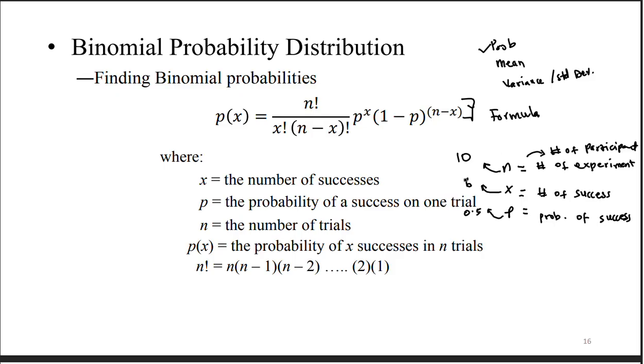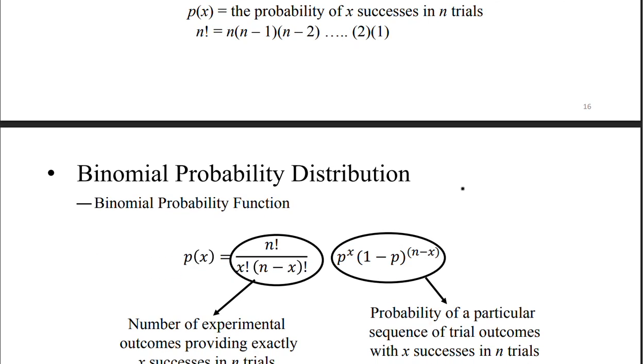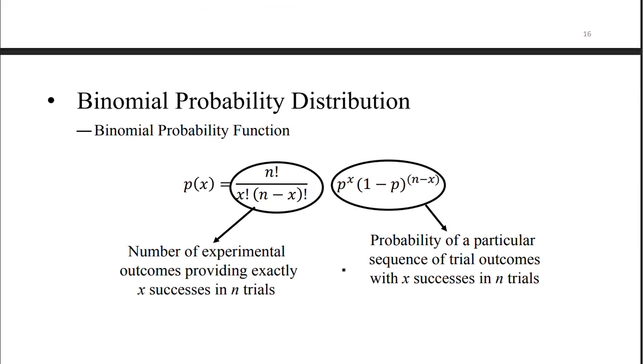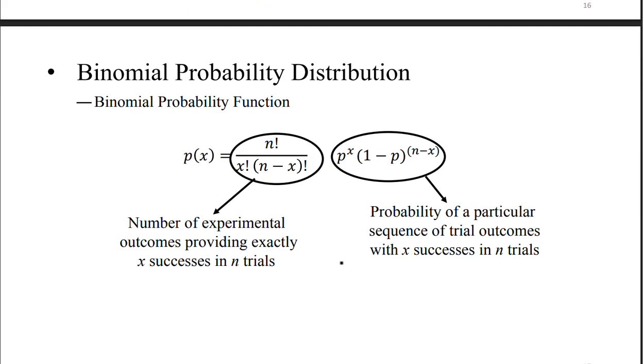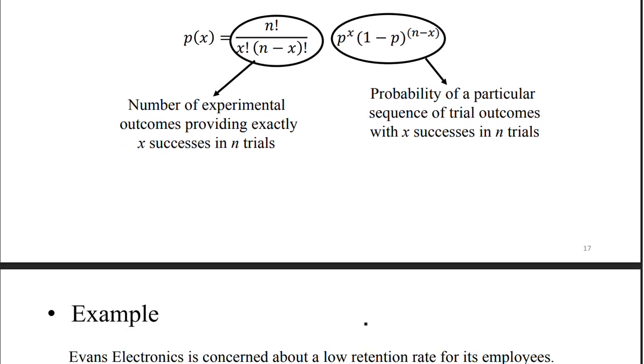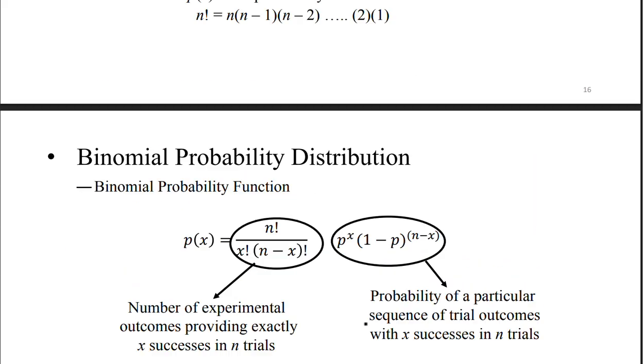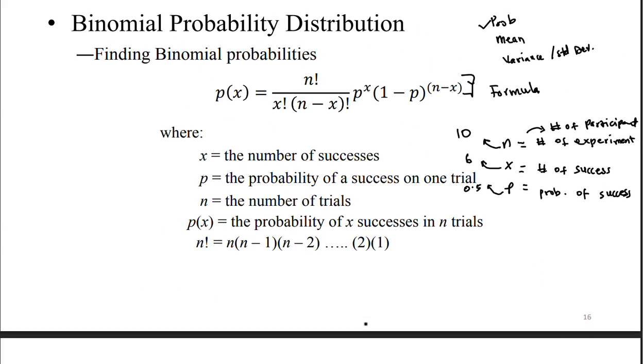Knowing this, we can go ahead and calculate using the formula. Again, note that the formula can be divided into two main parts. One part here is the number of experimental outcomes providing exactly X successes in N trials. And this part here is the probability that a particular sequence of trials with X number of successes will result in success. All I have to do is put in these values.